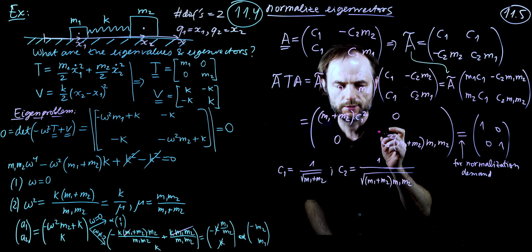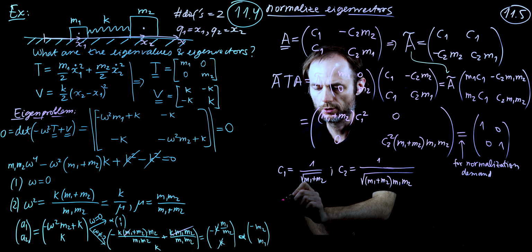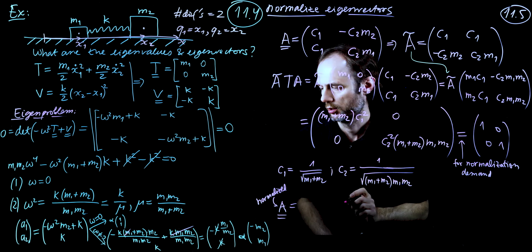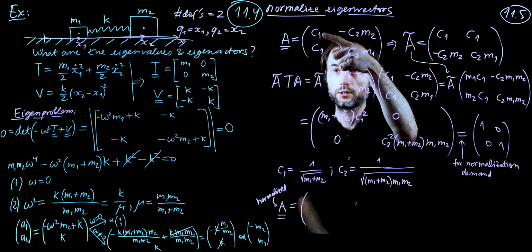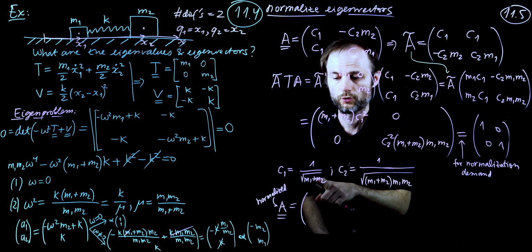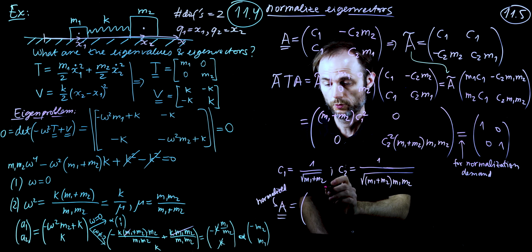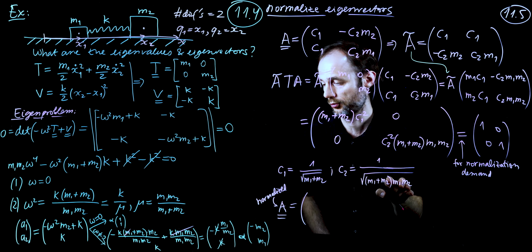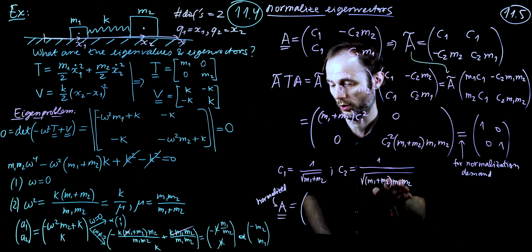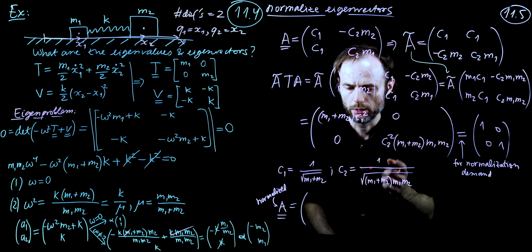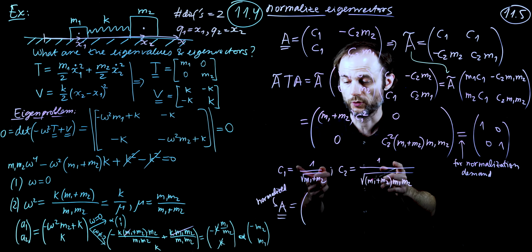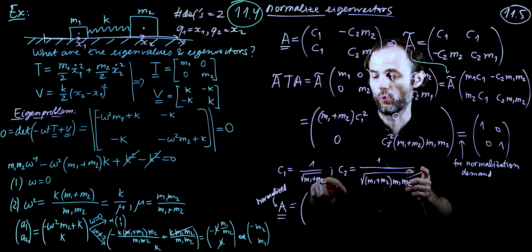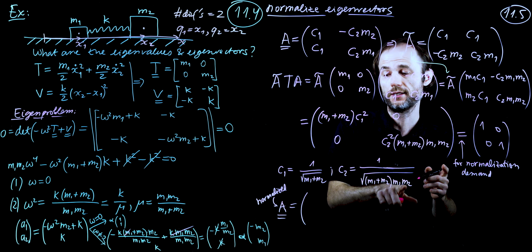So that means that the normalized A from here will be equal to, we're going to plug in C1 over there, and we're going to plug in C2 over there, so we can take out 1 over the square root of M1 M2. So let's figure out what this will be. C1 will have 1 over the square root of M1 plus M2. C2 will have that.